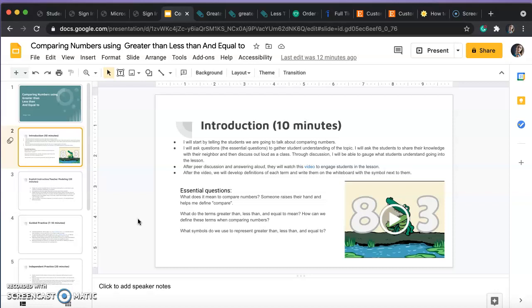So I'm going to let them do some pair share so they can share with their partner, tell me what they know about comparing numbers, what we've already talked about, because it's not going to be the very first time they know anything about comparing numbers. It's something that we've done, but it's just introducing now greater than, less than, and equal to. So I'm going to let them do that discussion, and then we're going to talk about our essential questions and what we are hoping to learn by the end of the lesson.